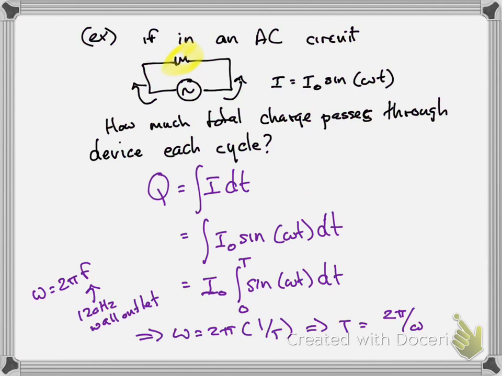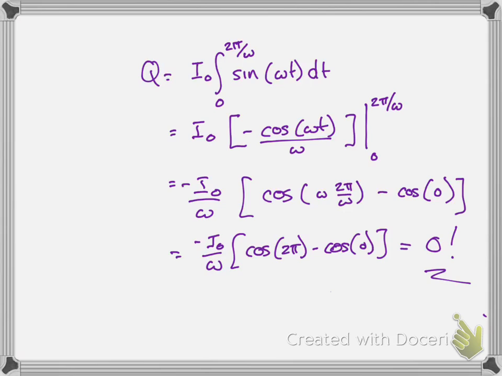What? Wait a second. How can I power a lamp if I pass no charge through it? How does that work? Did we do it right? Yes, we did. We did it right.